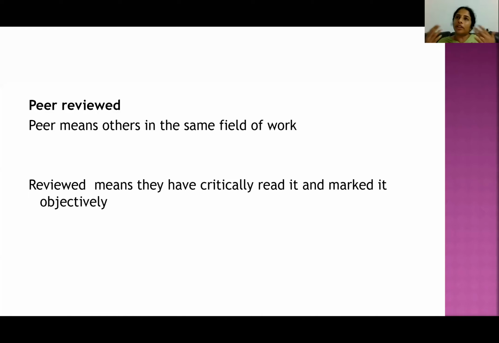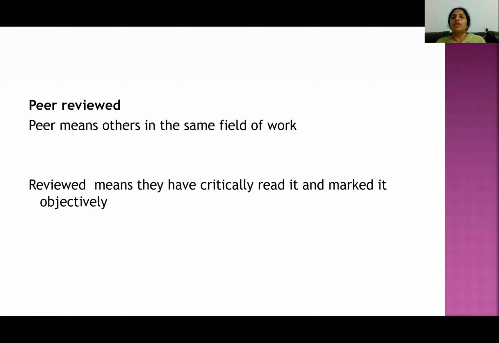So every article which is published goes through these procedures, and only after this reviewing process by a set of reviewers who are experts in the field will an article get published. So peer reviewed means you have published something, but another set of experts have gone through it and given their endorsement. Reviewing means critically reading it and marking it objectively.